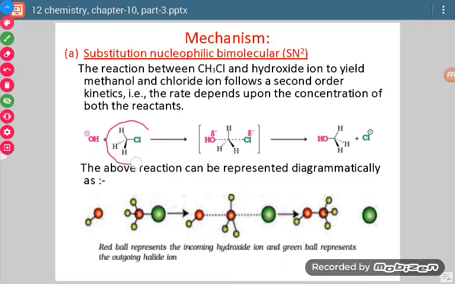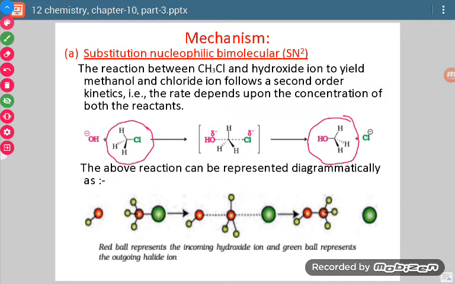Here, 3 hydrogen atoms were towards the left side of the leaving group, and in the product the 3 groups are on the right side of the group which is substituted. So this is a totally different configuration of the reactants and products.